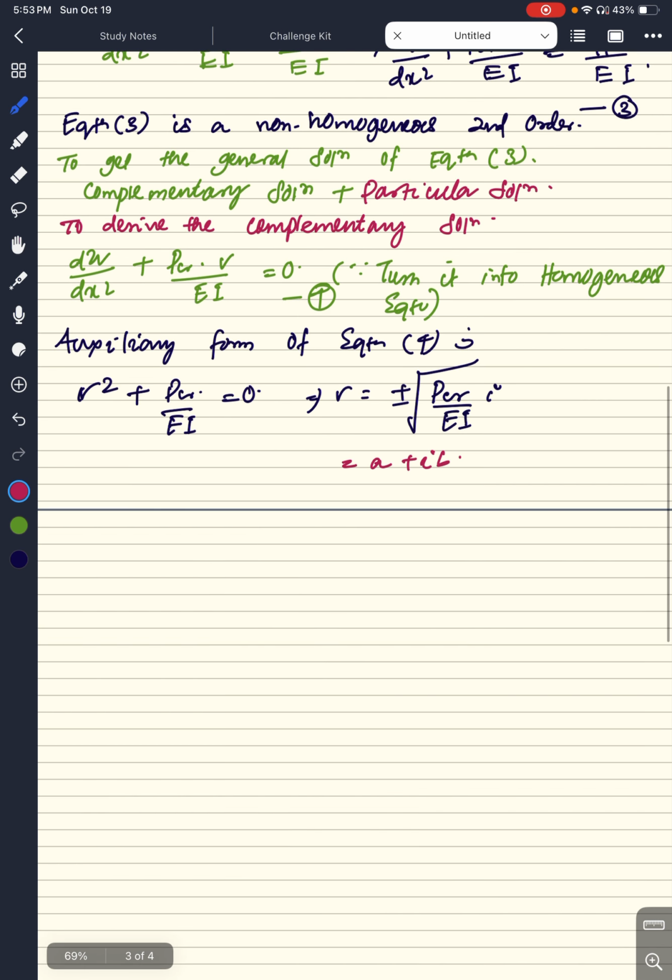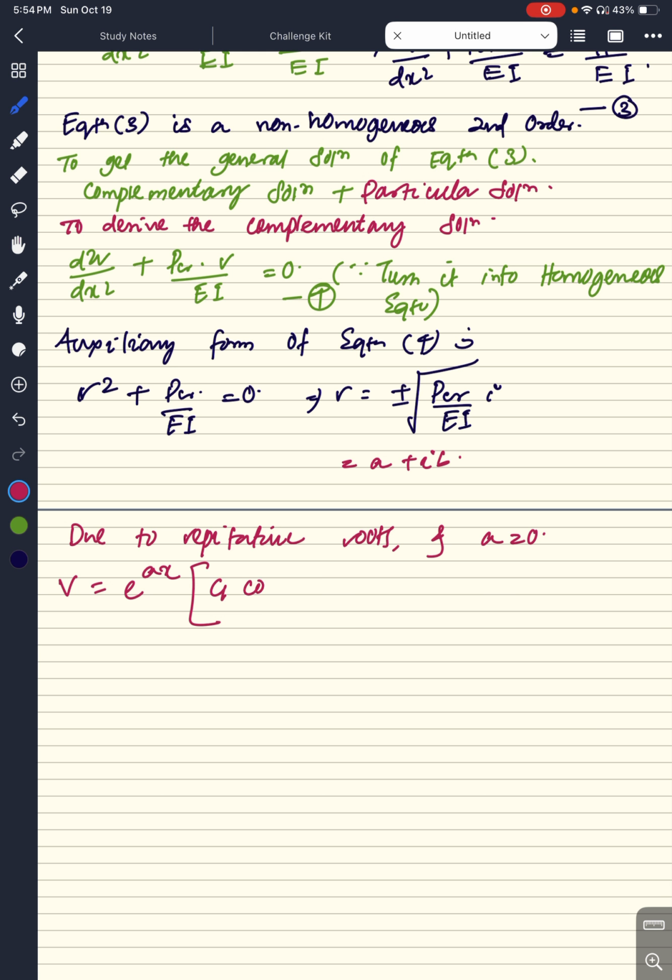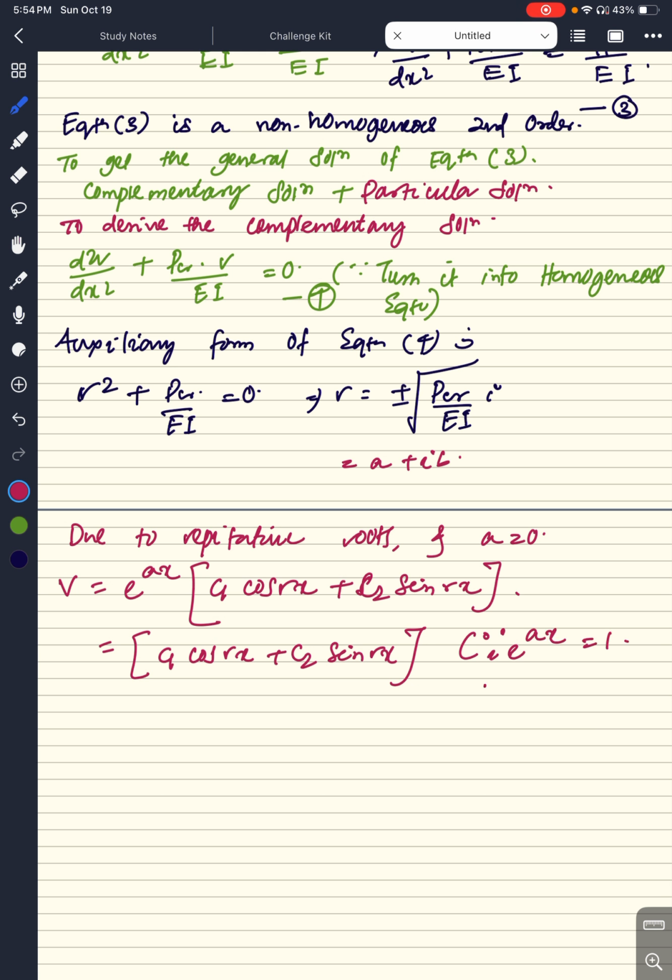Due to the complex nature of the roots and a being equal to 0, the solution e to the power ax times (c1 cos rx plus c2 sin rx) can further be written as just c1 cos rx plus c2 sin rx, because e to the power ax is 1 when a is equal to 0, right?